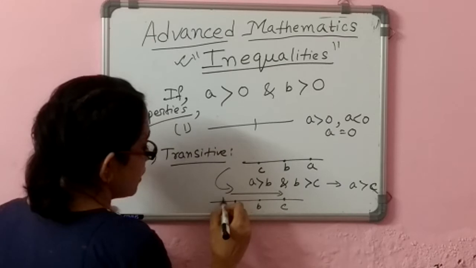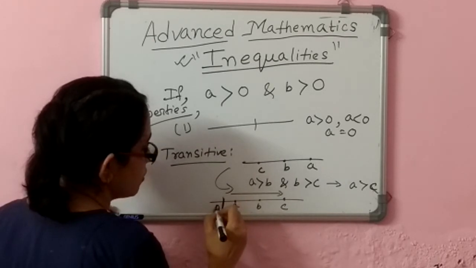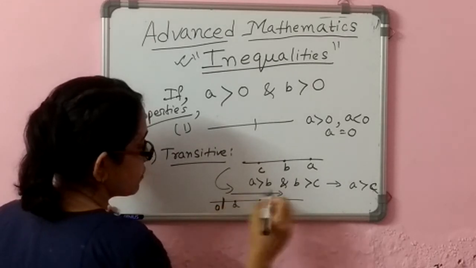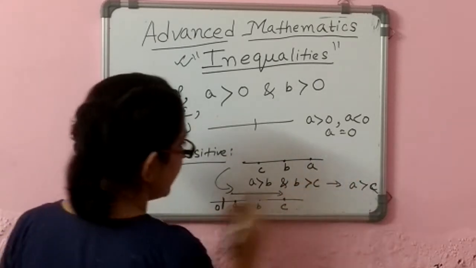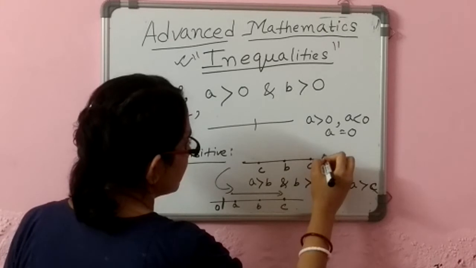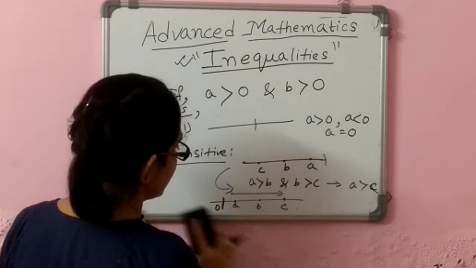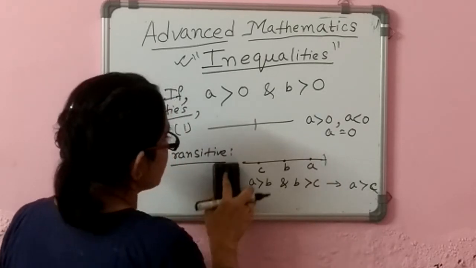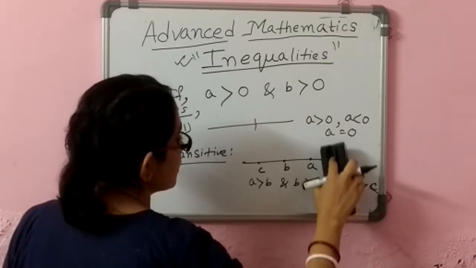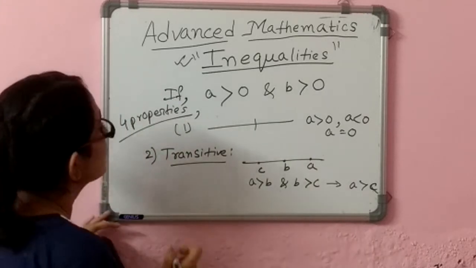Because after 0, on the right hand side, it goes on increasing, and here on the left hand side it goes on decreasing. So this is the transitive property of the inequalities.